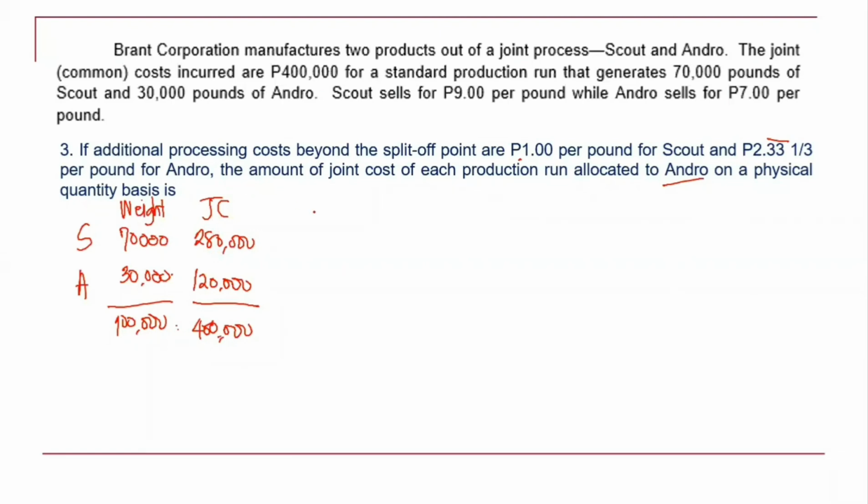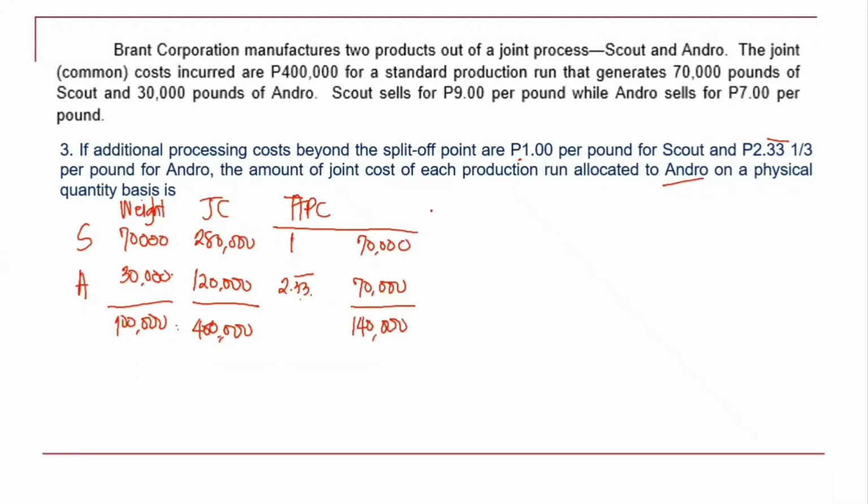Anong gagawin natin? Remember, meron po tayong additional processing cost na magkano? Piso kay Scout, 2.33 dire-diretso kay Andro. So ang total additional processing cost for S, that would be 70,000. For A, for Andro, 2.33333 and so on times 30,000, that is also 70,000. So ang additional processing cost natin lahat-lahat ay 140,000.